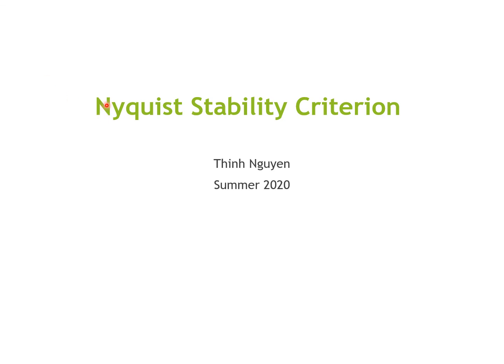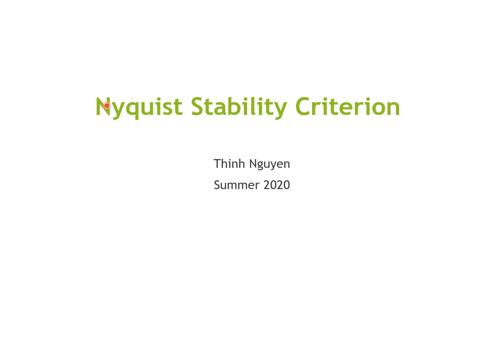So this lecture is the last in the negative feedback series and today we will cover the Nyquist stability criterion. In the previous lecture we saw that there is a possibility that in some systems, at the right frequency, it may become unstable.